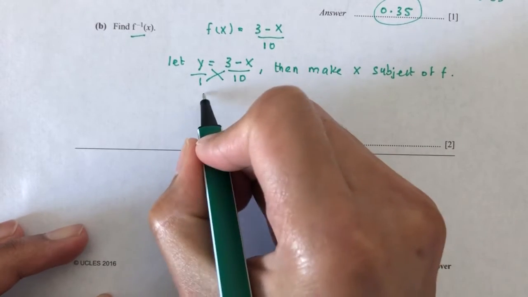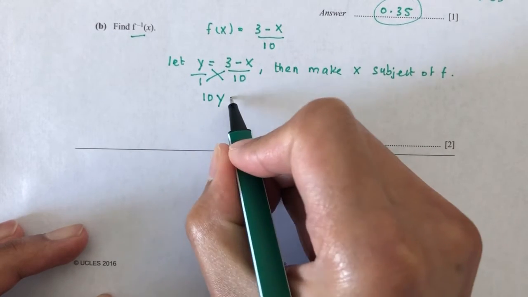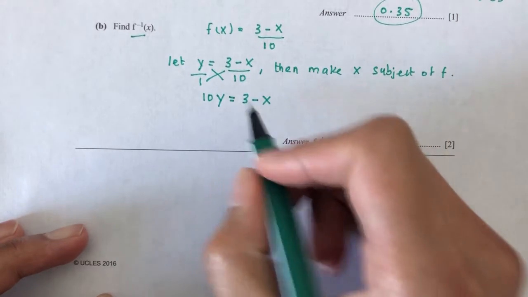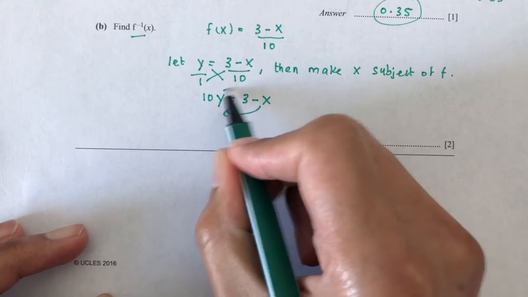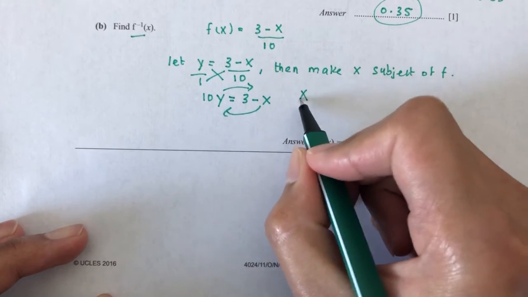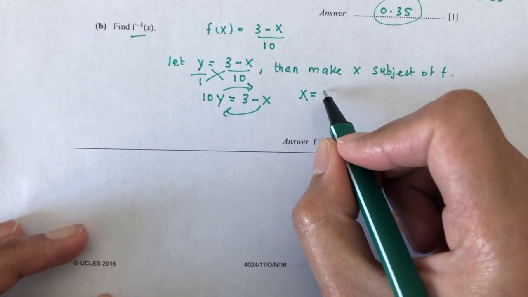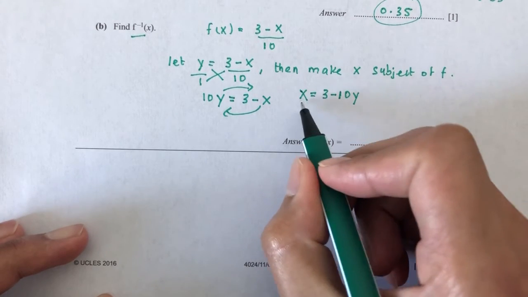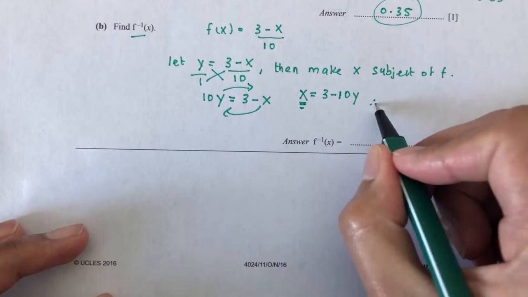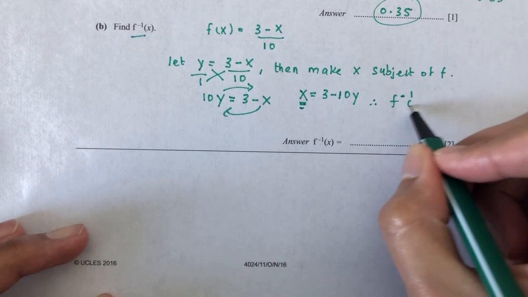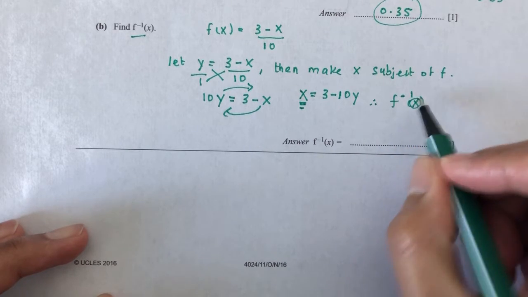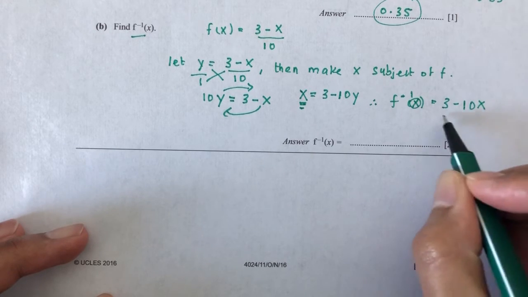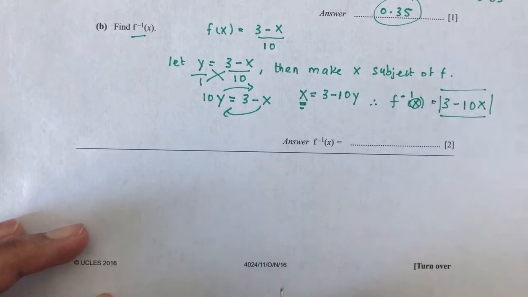We will have 10y equal to 3 minus x. So if we send x over here and 10y over here, we will have x equal 3 minus 10y. So now we have x as subject of formula. So thus f inverse of x, we have to replace the value of y by x. We will have 3 minus 10x, and this is your answer for part B.